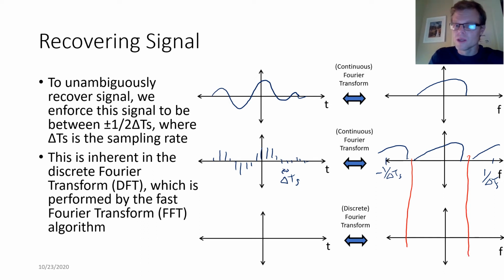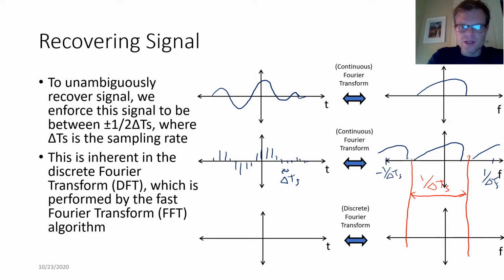The frequency that's defined depends on the sampling interval. So the width of the region defined in the discrete Fourier transform is, I can see from this, 1 over this delta TS interval.